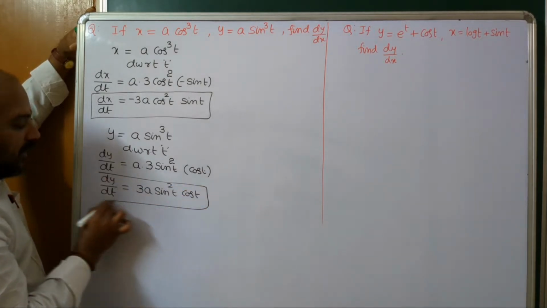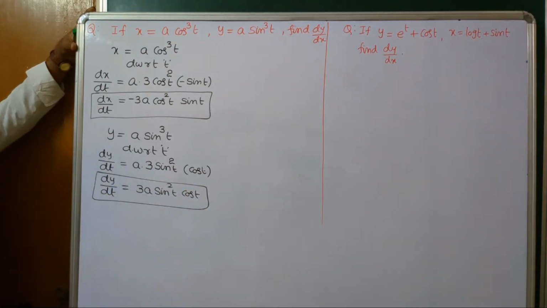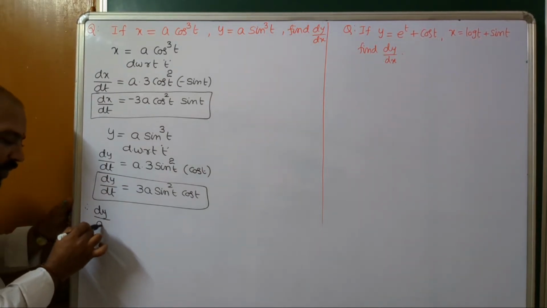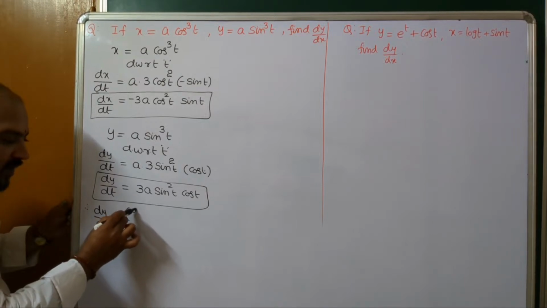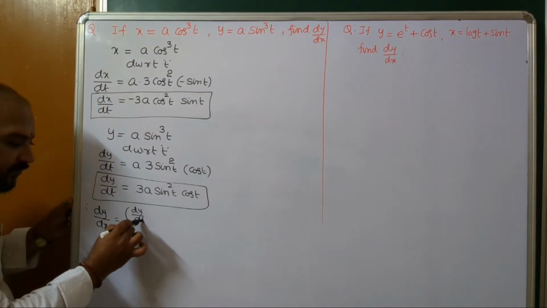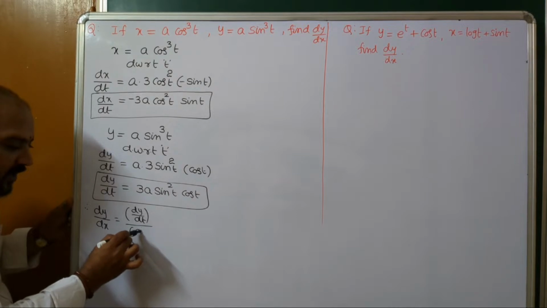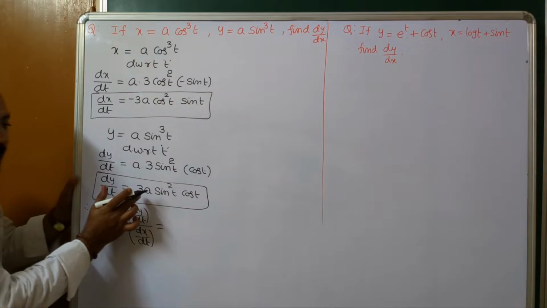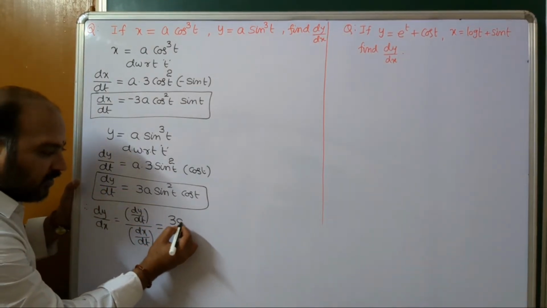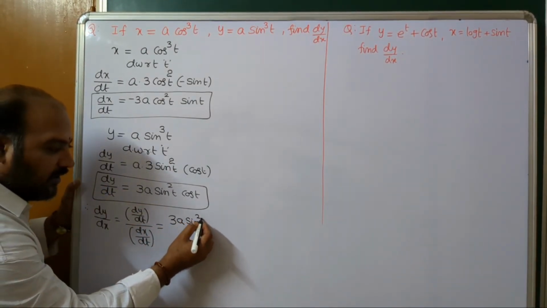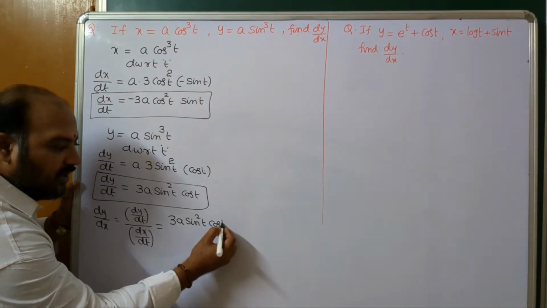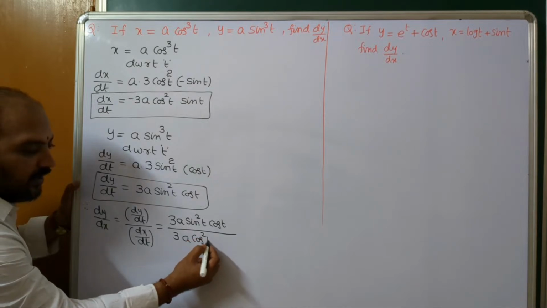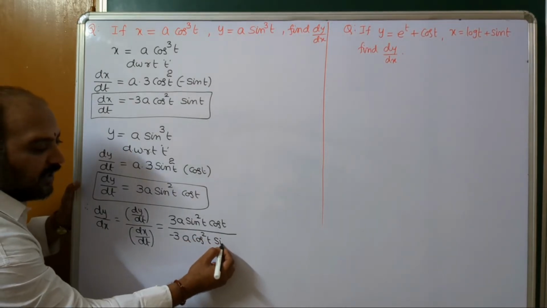So dy by dt is done, dx by dt is done. Now dy by dx equal to the formula dy by dt whole divided by dx by dt. So dy by dt means this one, 3a sin square t into cos t by minus 3a cos square t sin t.